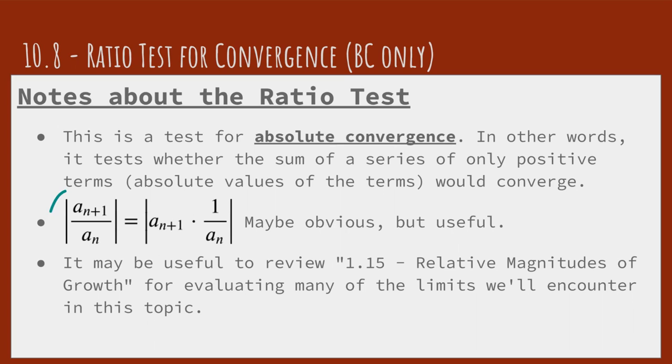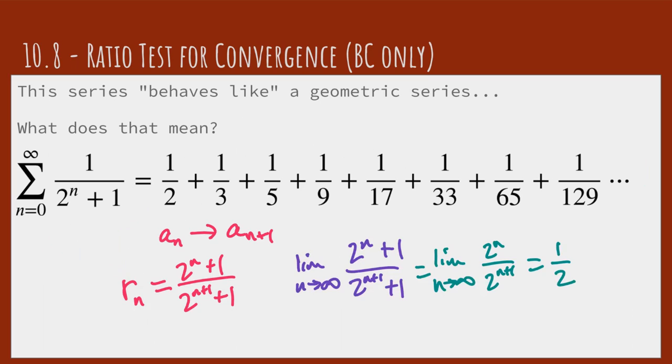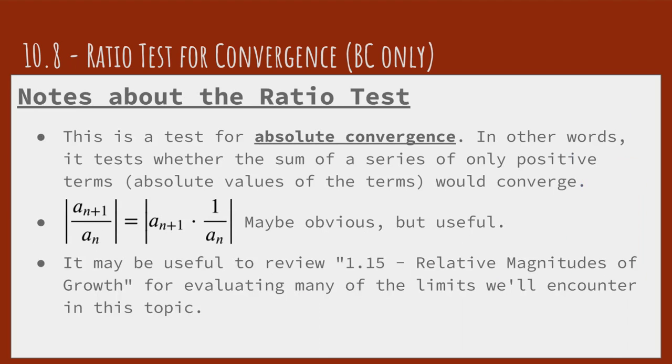Another thing I want to point out is that the ratio we looked at looks like this, but in order to do this, usually what's going to happen is the terms are going to be fractions. So let me go back to the example we were using here. So the general term here is a fraction. And if we're dividing fractions, it's going to be easier to multiply by the reciprocal.